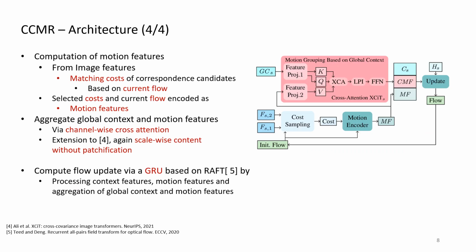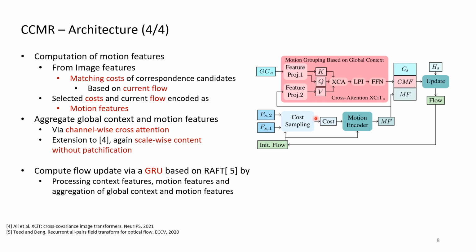Now, let us talk about how we compute the flow in each scale. So here we are talking about the matching module that we showed in the coarse-to-fine architecture. You can see here the scale-specific features of both images, F1 and F2. We sample the costs based on some current or initial flow.